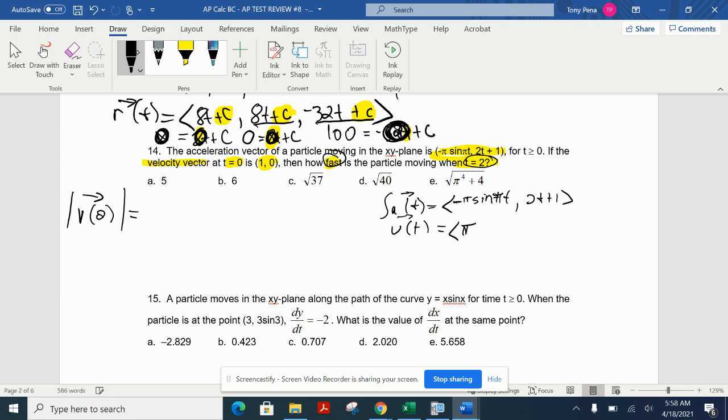The antiderivative of a negative sine would be a positive cosine of pi t. Since the coefficient of the composite is a 1, we then have to divide by pi. These pi's will cancel, and then we get our plus c. The antiderivative of 2t plus 1 would give us t squared plus t, plus our constant for our y position.